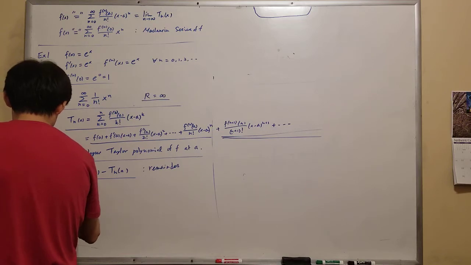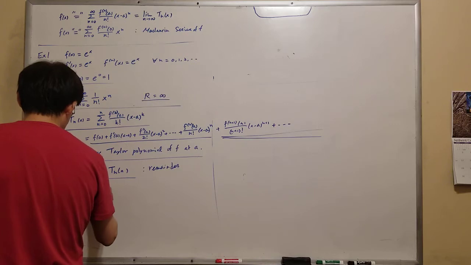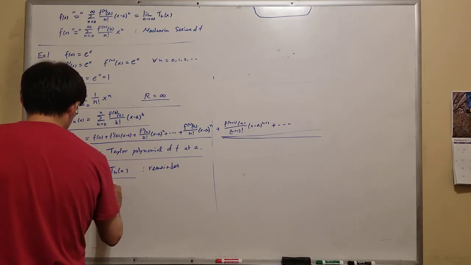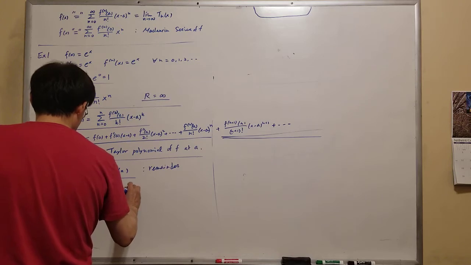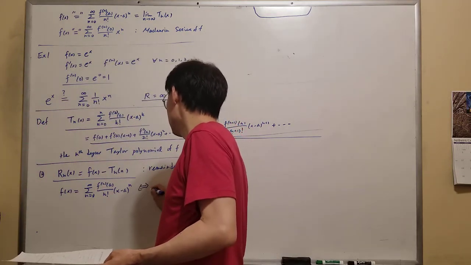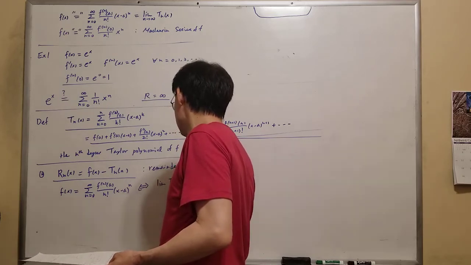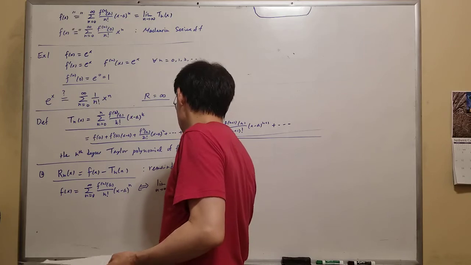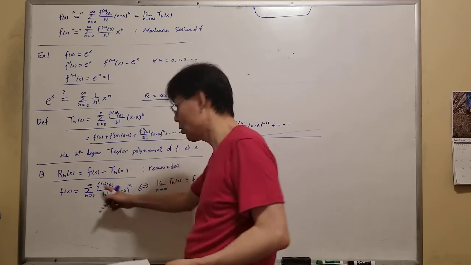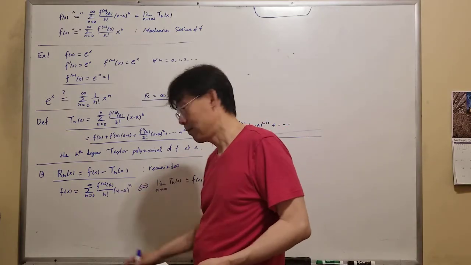So f of x is the same as this sum. This Taylor series converges to f of x means that the limit of Tn of x equals f of x, by the definition of the sum of an infinite series converging to f, right?